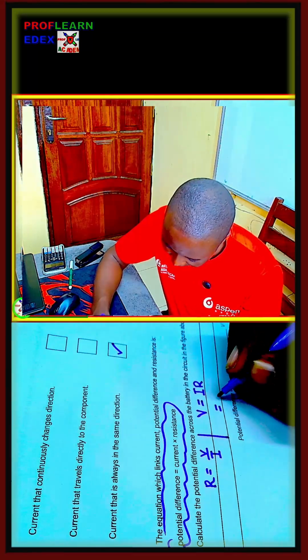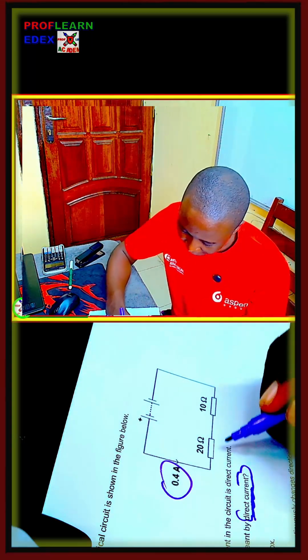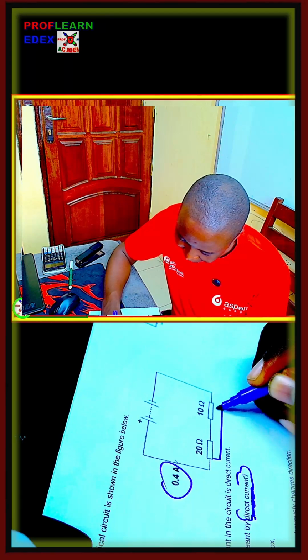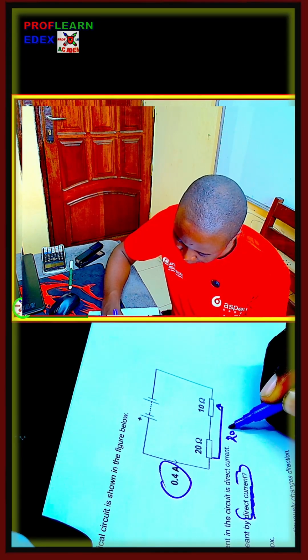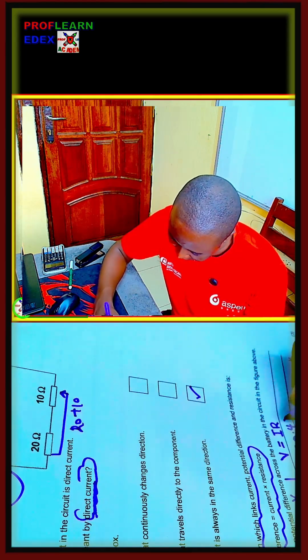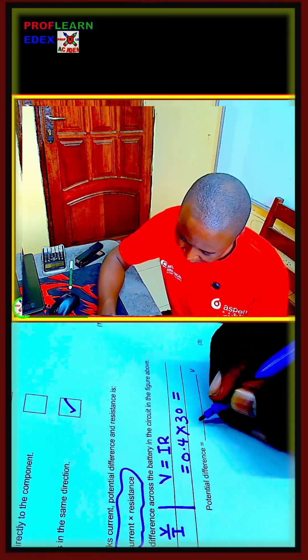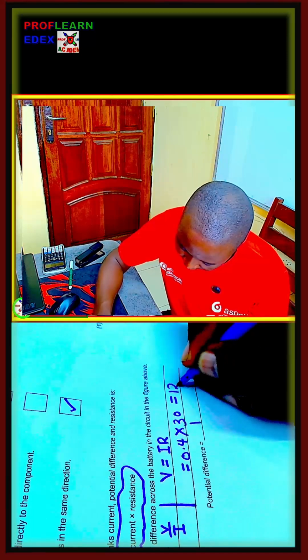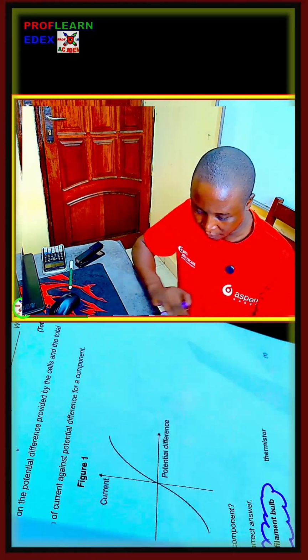Here we are given the current of 0.4, and the total resistance will be the sum of the two resistors, 20 plus 10, which translates to 30 ohms. So this is going to be 12 volts.